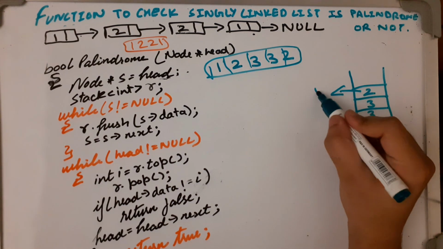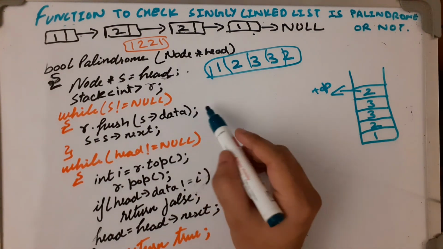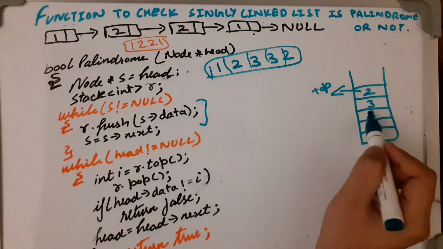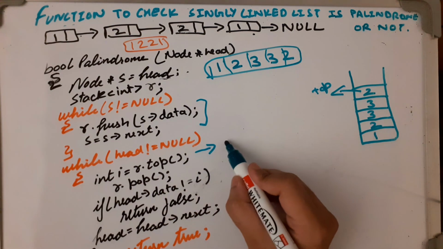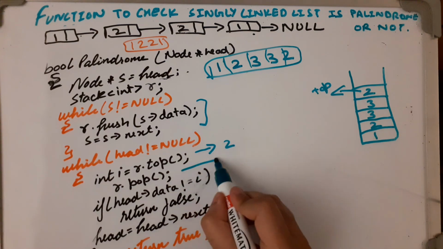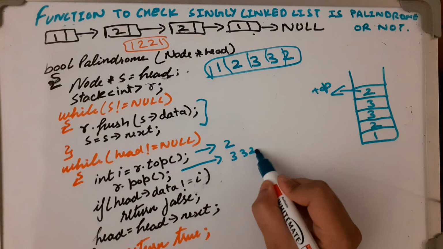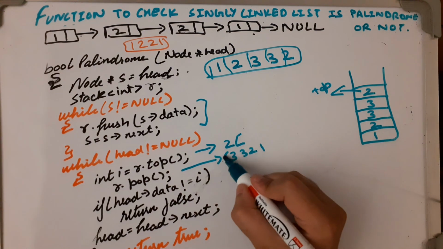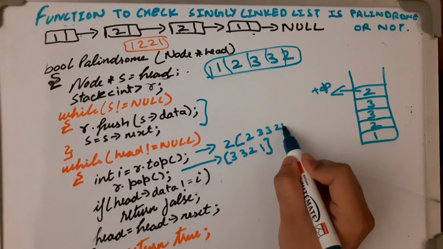This is the top element, so it is copied in reverse. Now we are getting the top element. The top element is 2, then it deletes the top element, and the stack we are left with is 3 3 2 1. Before that we had 2 3 3 2 1.